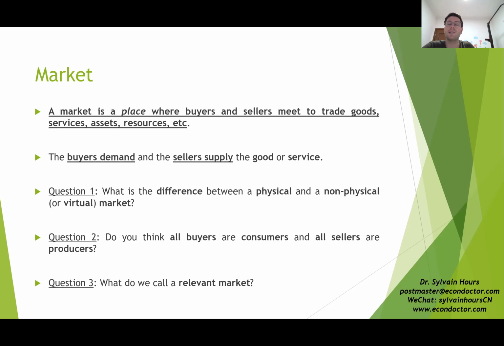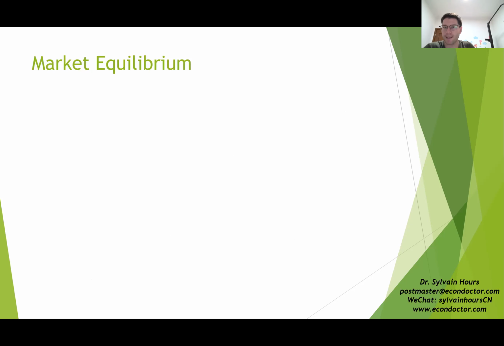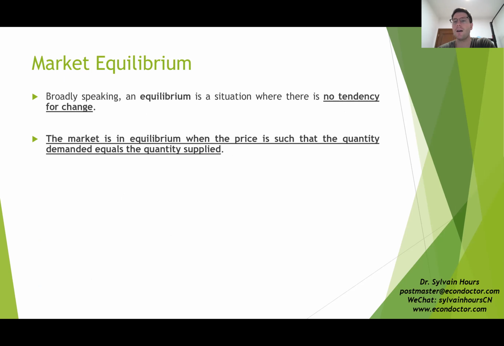So there are actually several relevant markets. So that's the idea. Relevant market is the market within which you really have competition. It's not tested in the syllabus though, but I feel like it's quite interesting to say a few words about that. Okay, now we are ready.